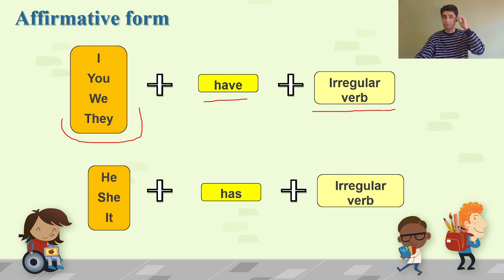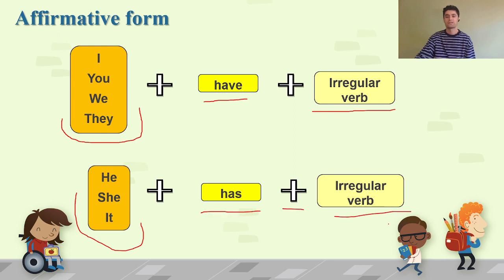This is the simple formula of the irregular verb, but I'll show it to you in more detail in the next slide. The next is he, she, and it. Third person singular. For these pronouns, we use has plus irregular verb.